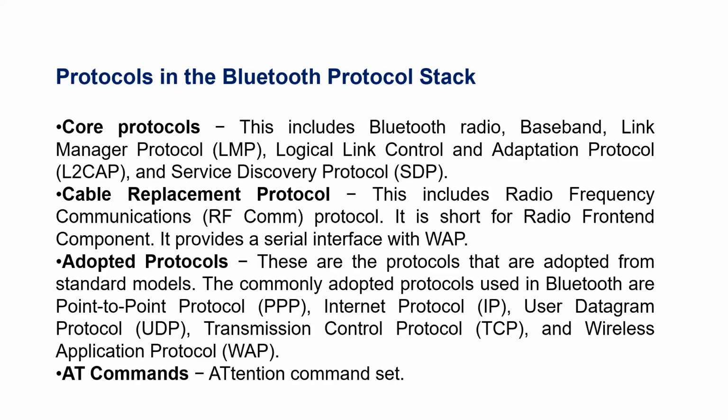Some protocols are core protocols, and these include Bluetooth radio, baseband, LMP, that is link manager protocol, L2CAP, that is logical link control and adaptation protocol, and service discovery protocol. This set of protocols is called core protocols.